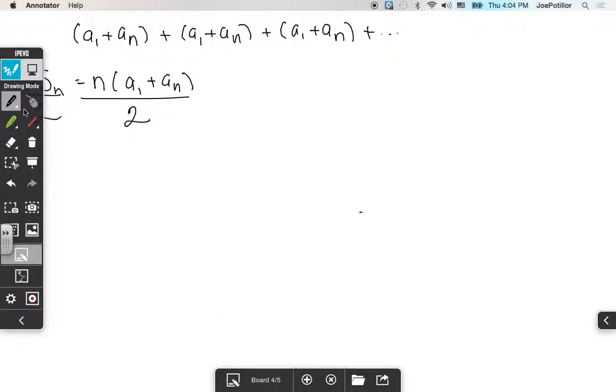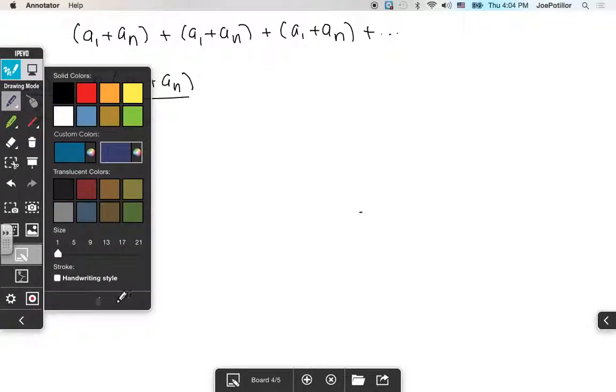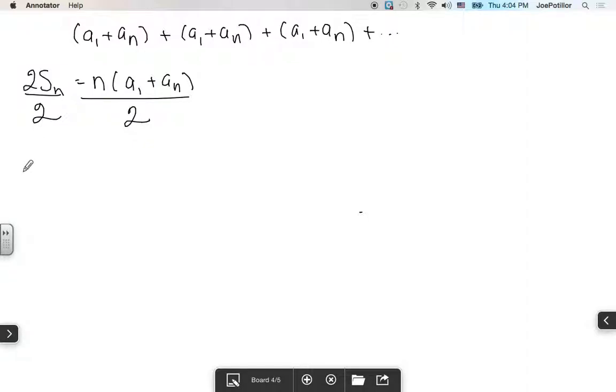So we end up with the formula for an arithmetic sequence, and very important you recognize it's just sequence, not the series form, although you can kind of interchange them.